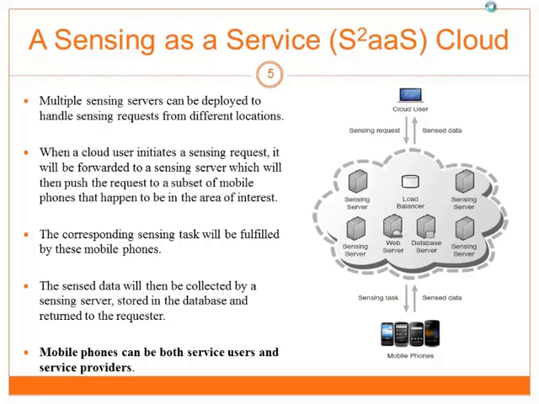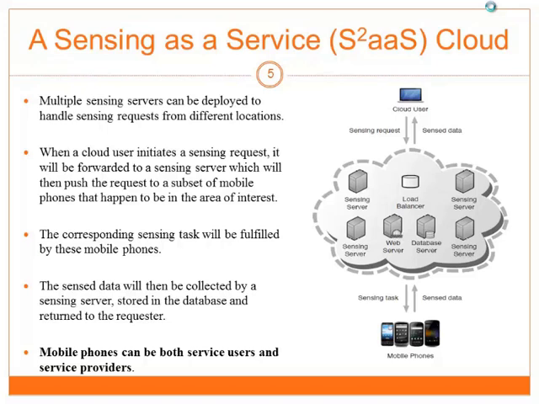So this is the workflow of the sensing as a service cloud. Suppose we have some cloud users. Like I mentioned before, those cloud users could be desktops, regular computers, or even mobile phones. They send sensing requests to the cloud. Those sensing requests first reach the sensing servers. The sensing servers push those requests forward to a subset of mobile phones which happen to be in the area of interest, because most sensing applications are location dependent.